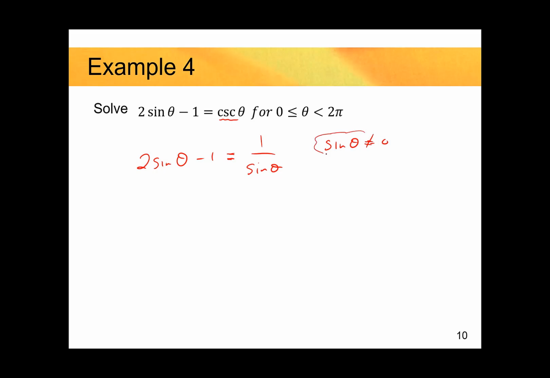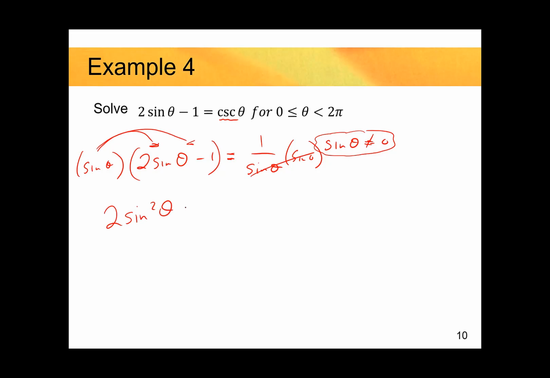Keep it there just in case we have y equals 0 later on. And let's multiply both sides by sine theta. Need parentheses here, and sine theta needs parentheses there. And that is all gone. How about a distributive property here and there? 2 sine squared theta minus sine theta equal to 1.